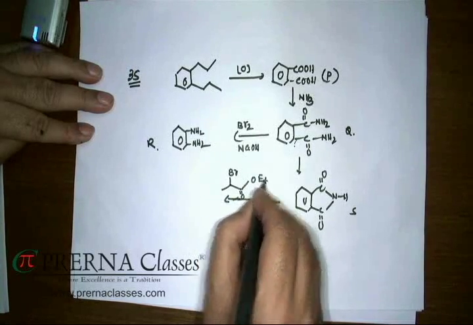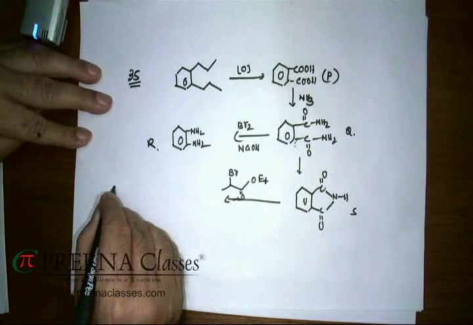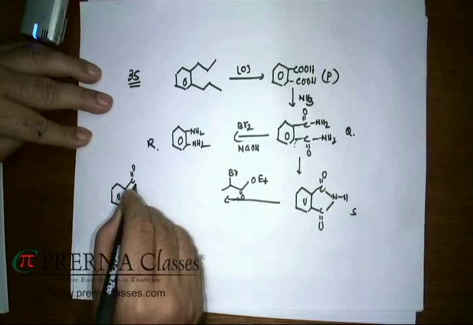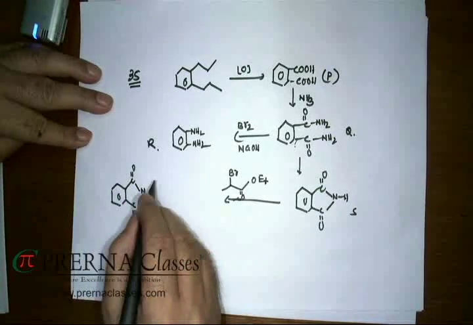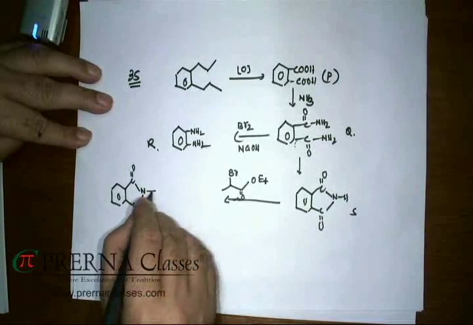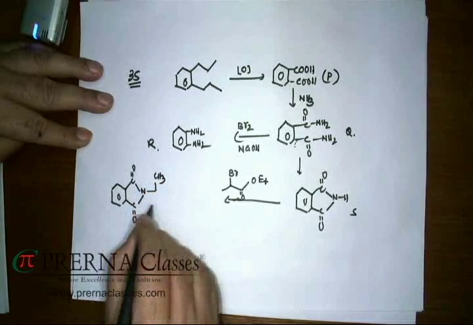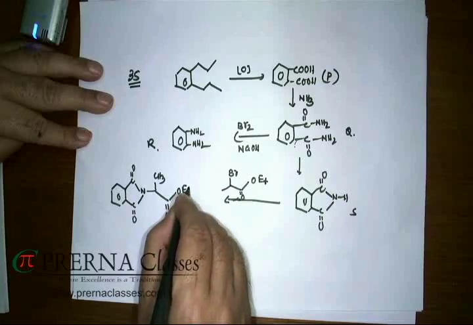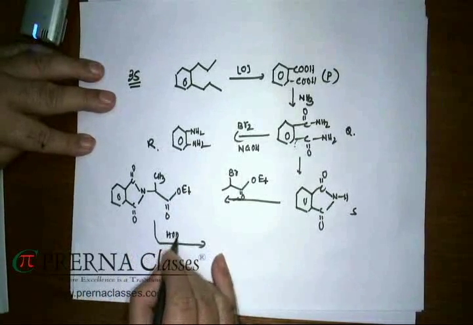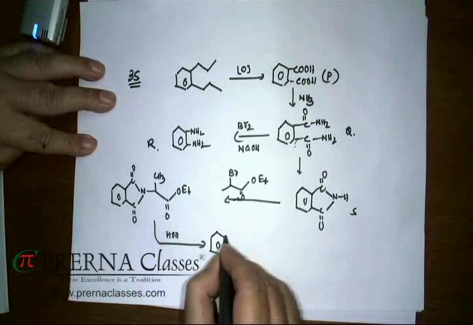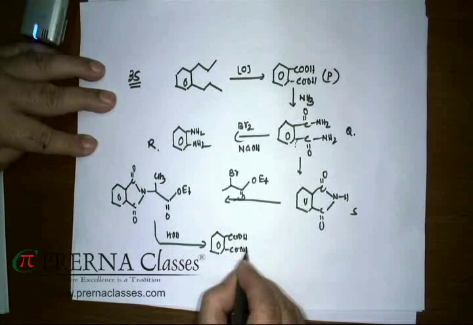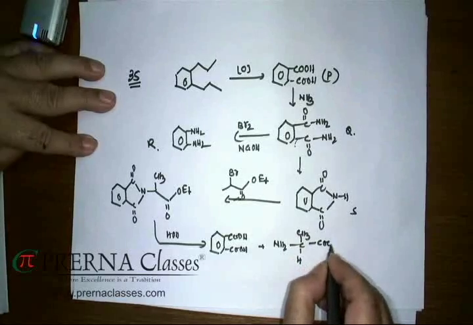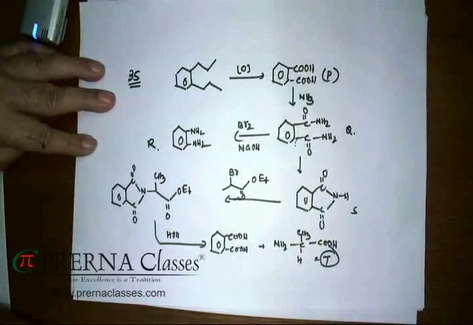This will give you, then this, CH3, this, which on hydrolysis you get phthalic acid plus this acid T, alanine.